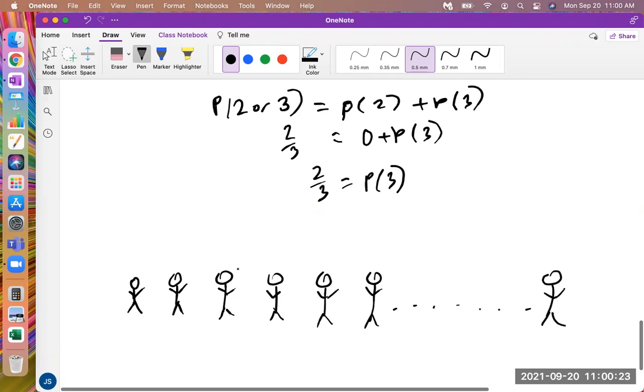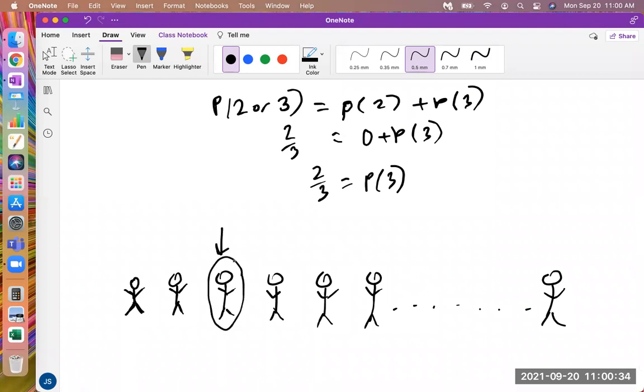Before all these soldiers went off to war, you chose one of them and said, hey, if the war comes to our town and I need to be defended, I want you to defend me.